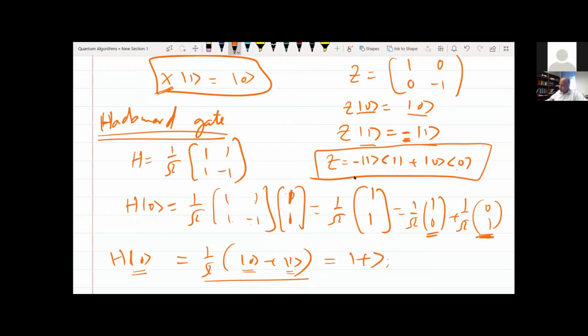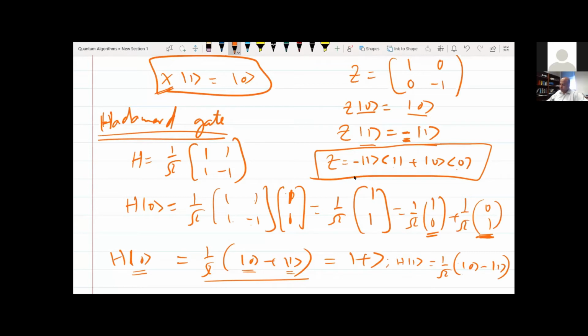Similarly, we can check that if I operate this Hadamard on 1, I get 1 over square root 2, 0 minus 1. So this is also a superposition, but now the amplitude of 0 is 1 over square root 2, and the amplitude of 1 is minus 1 over square root 2.